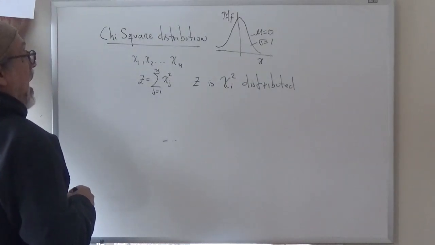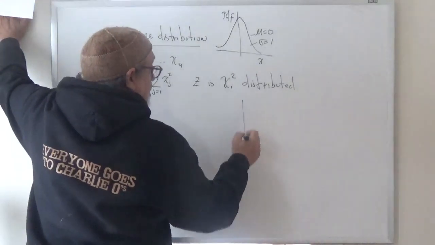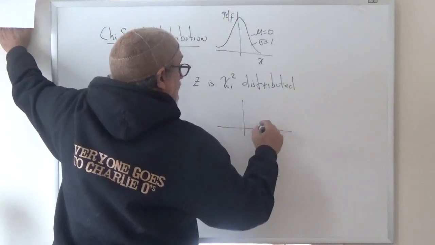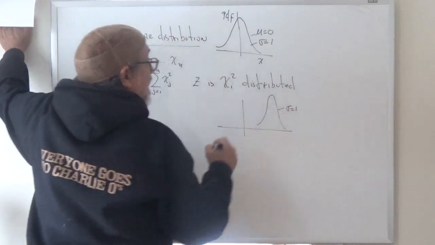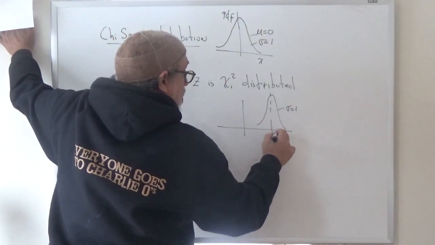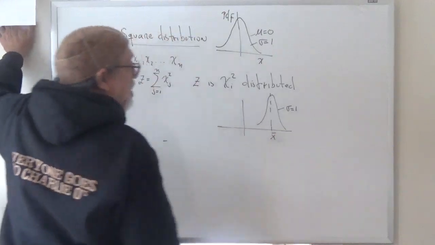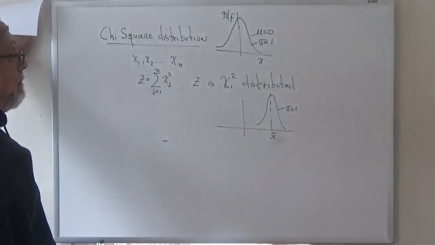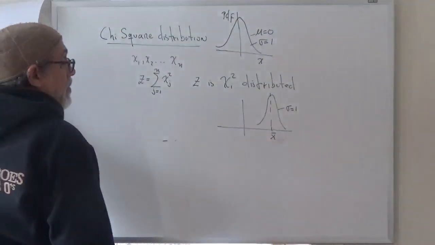Now, if we have a Gaussian with unit standard deviation with a non-zero mean, let's say a mean x bar, so this is the same distribution, just shifted somewhere else from 0.